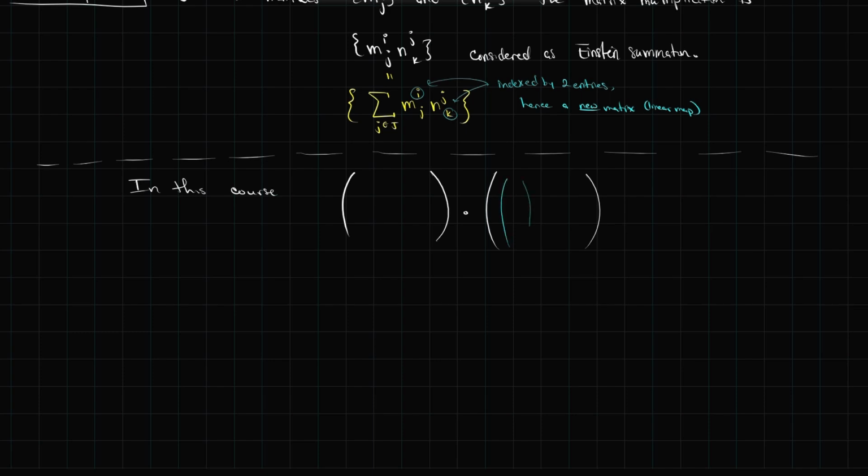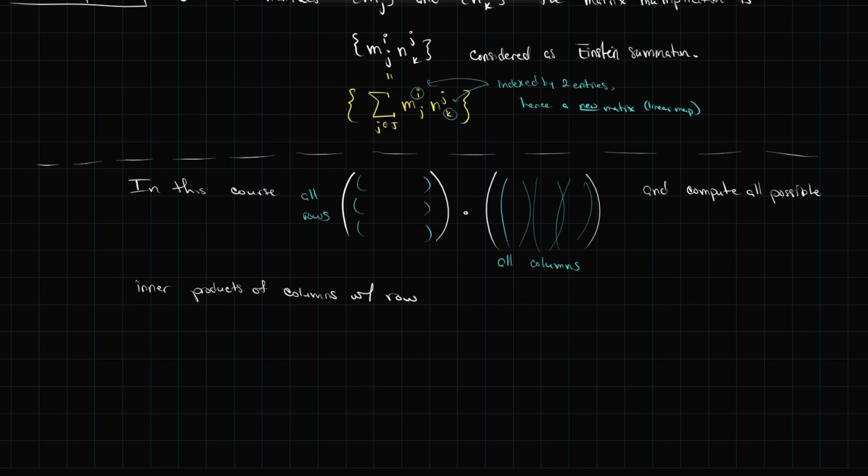You consider all columns and all rows, and then you compute all possible inner products of columns with rows and place the resulting number where the two overlap.